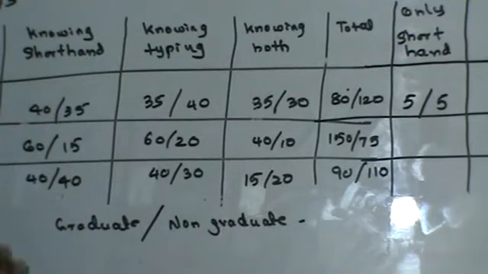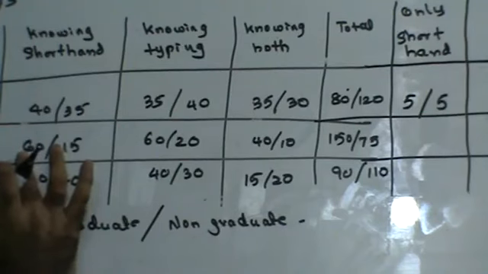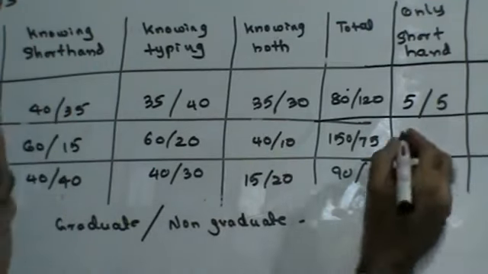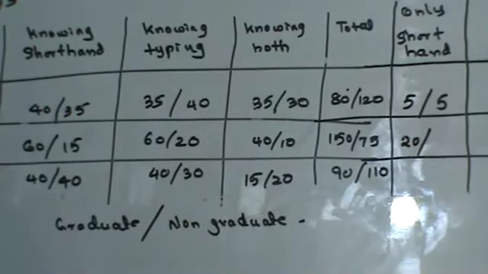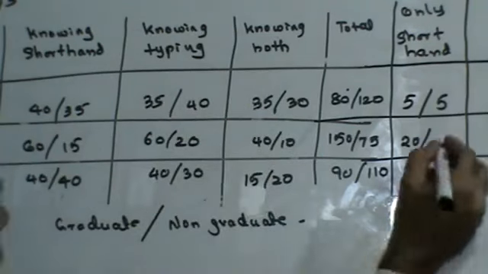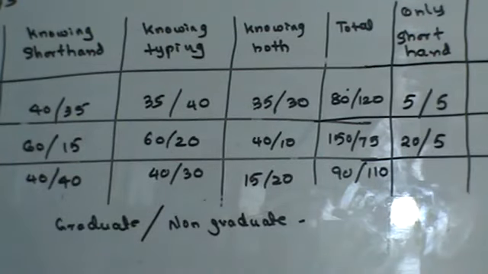Similarly, let's do the age group, in the service 6 to 10 years. 60 know shorthand, out of which 40 know both. So there will be 20 who know only shorthand. There are 15 who know shorthand, out of which 10 know both. So there will be 5 who know only shorthand.